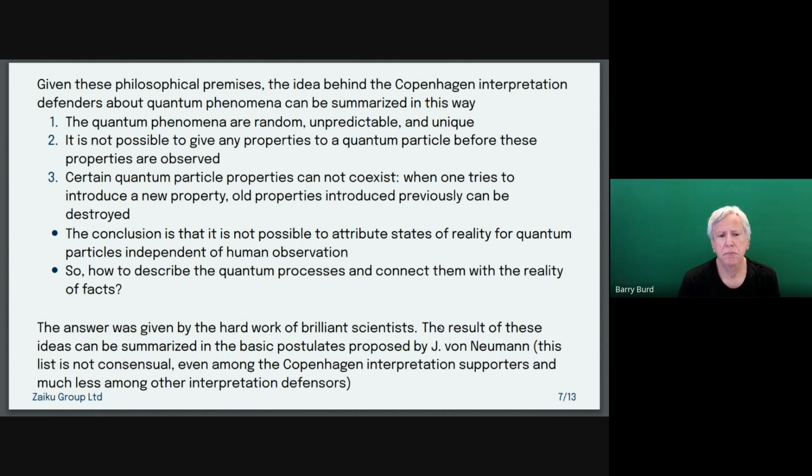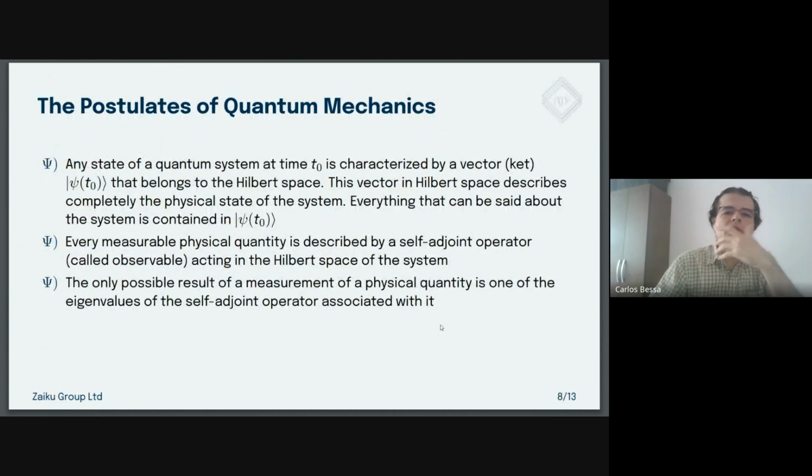So just a brief summary about the postulates. I'll not give details about them. If you want more details, in the quantum hardware course, before we start the quantum computation part, I give two lectures with more details about these postulates, which were proposed by John von Neumann.